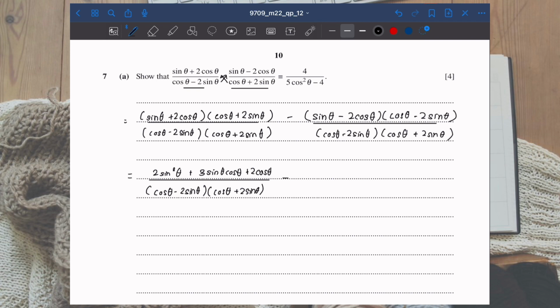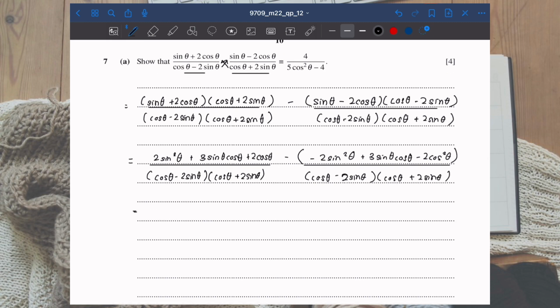So let's solve this one now. So we'll get negative 2 sin² θ plus 3 sin θ cos θ minus 2 cos² θ over (cos θ - 2 sin θ)(cos θ + 2 sin θ).